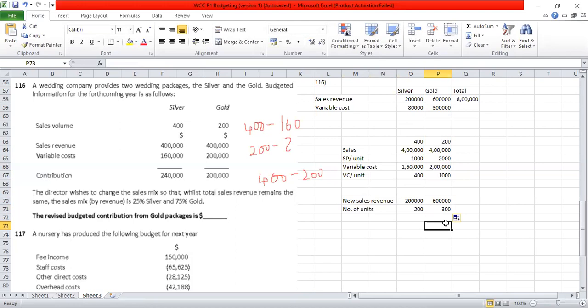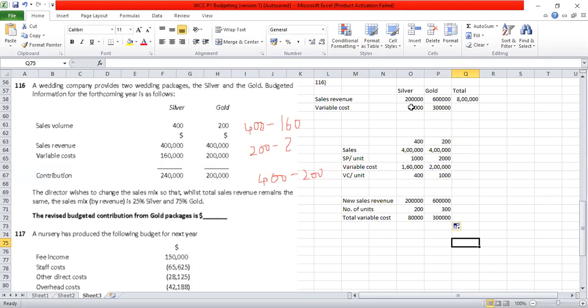400 into 200 gives us the total variable cost. Total variable cost will be, we already got variable cost per unit 400 into the total number of new units which are sold is 200. We got that one. Similarly for the next product also. That's the logic. First one is simple, in one simple step it gets finished. But the second one, we need to work out the other details also and then find out.